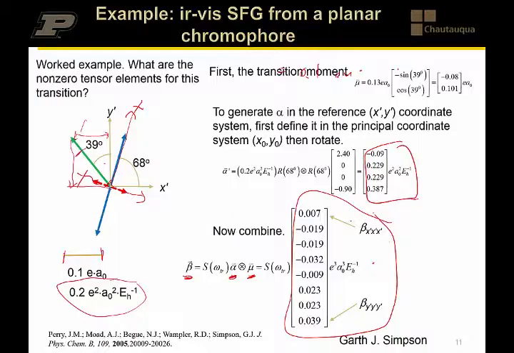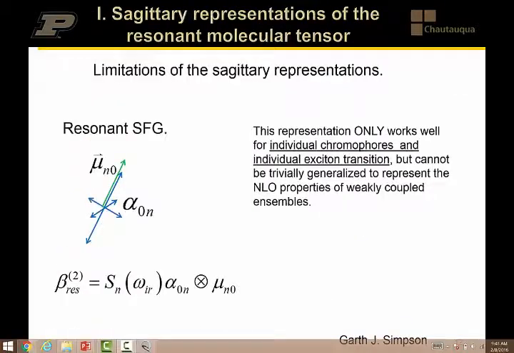So we should only end up with 8 in this reference frame. Everything with the z is 0 valued. We can populate the full set of 27, but in this case, only 8 are relevant. All right, so that's sort of the general architecture for how you take the Sagittarius representation and then invert it to recover all non-zero elements in the molecular hyperpolarizability in any x prime, y prime reference frame.